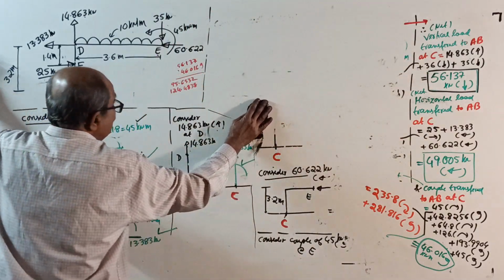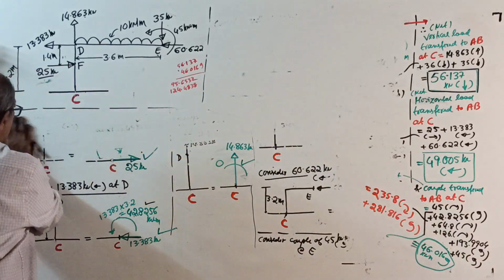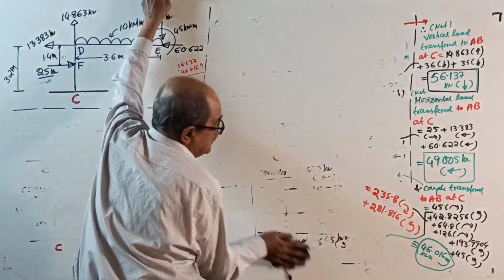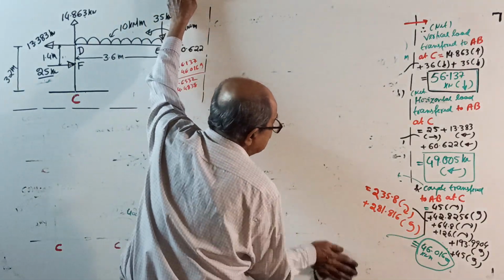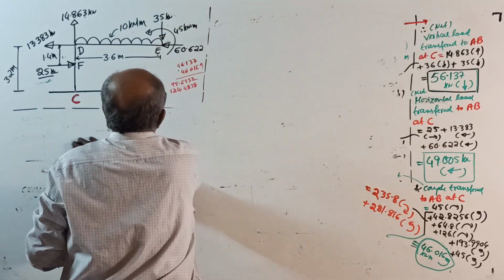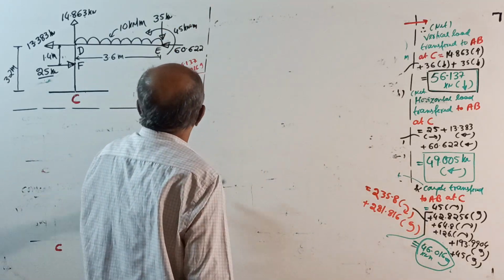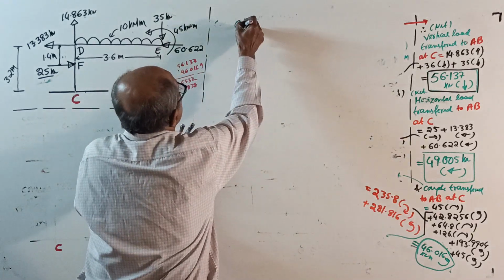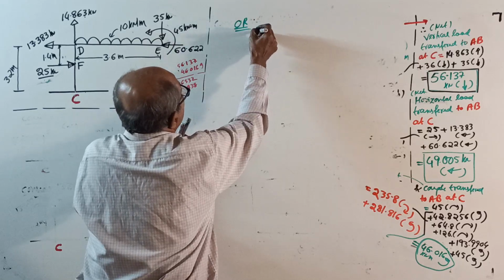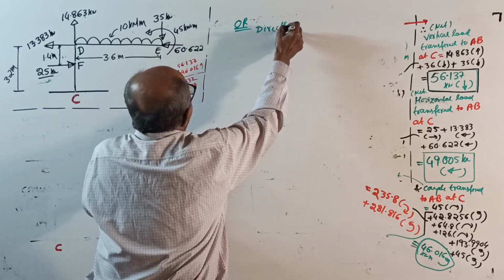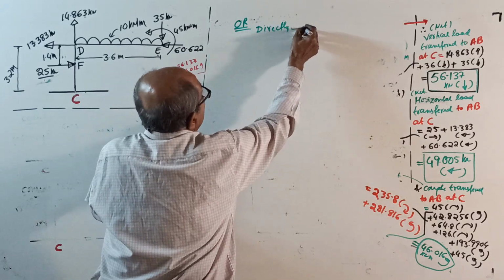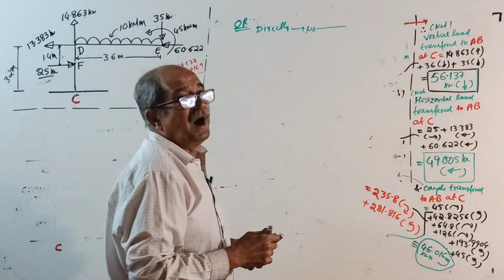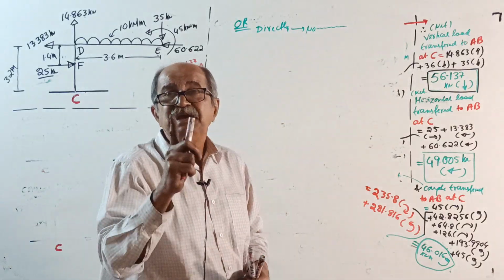Instead of all these, when too many transfers are there, and heavy numbers are there, you can do one thing: 46.016, correct. Directly, no need of cuts, part by part, single step you can do.